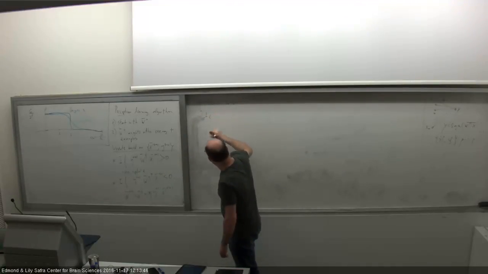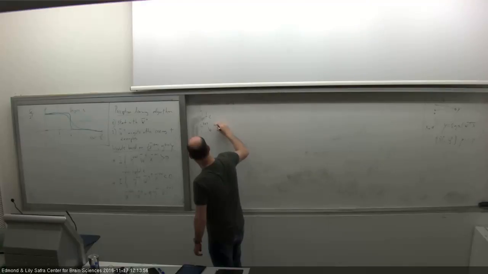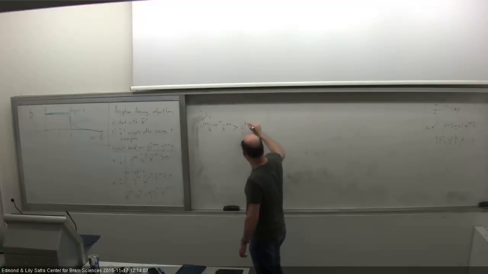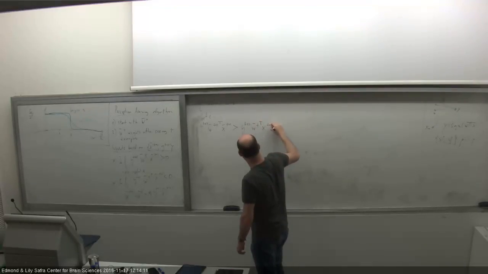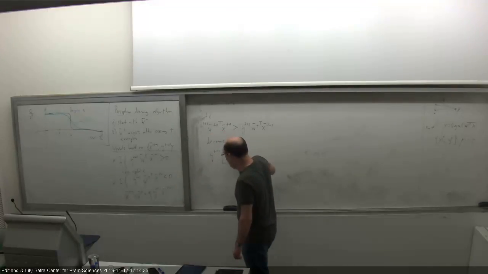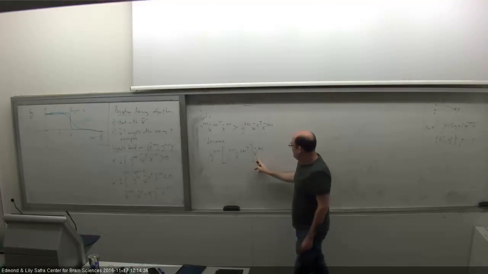Note that y_{t+1} W_{t+1} transpose x_{t+1}, if we update, is always larger than y_{t+1} W_t transpose x_{t+1}, and this is because the contribution from this addition, which is y_{t+1} squared times x_{t+1} transpose x_{t+1}, is always positive.